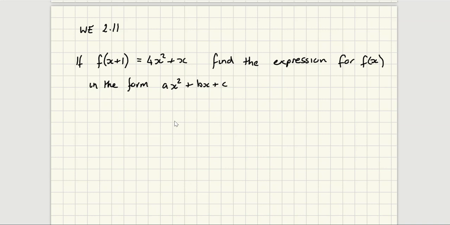Okay, so basically, what we're saying is that when we do f of x plus 1, we're putting x plus 1 into a function, and ending up with this one, yeah?